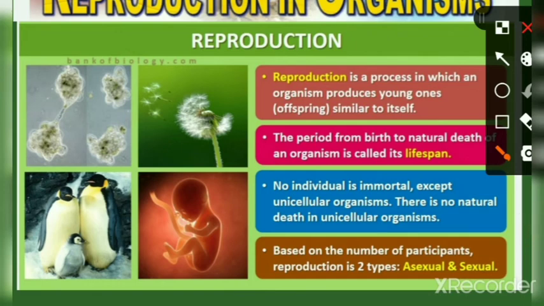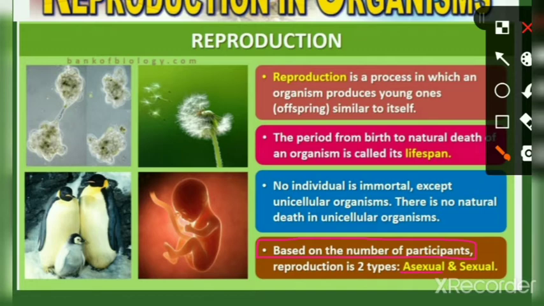On the basis of the participation of individuals in the process of producing new individuals, reproduction is of 2 types. If a single individual is able to give offspring, then such type of reproduction is known as asexual reproduction.